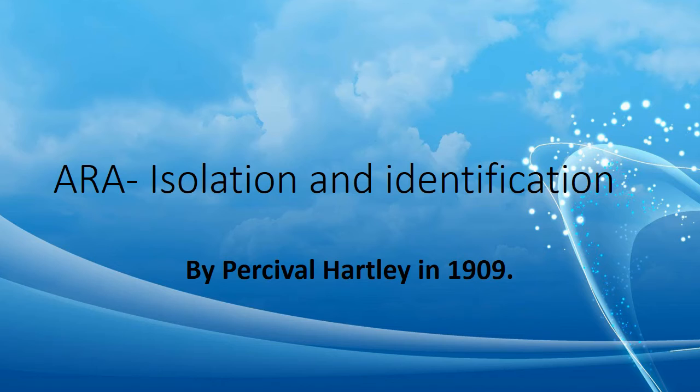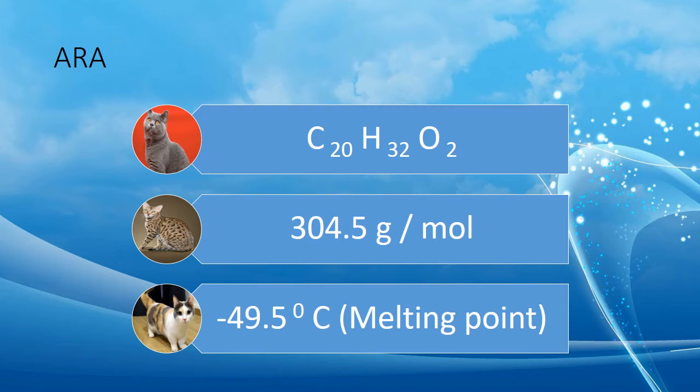Now we are going to discuss the second most essential omega-6 fatty acid for your cats, that is arachidonic acid. Arachidonic acid was isolated and identified by Percival Hartley in 1909. Chemical formula of arachidonic acid, C20H32O2. Molecular weight 304.5 gram per mole.